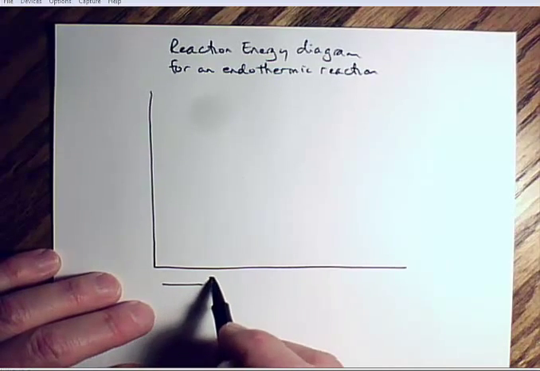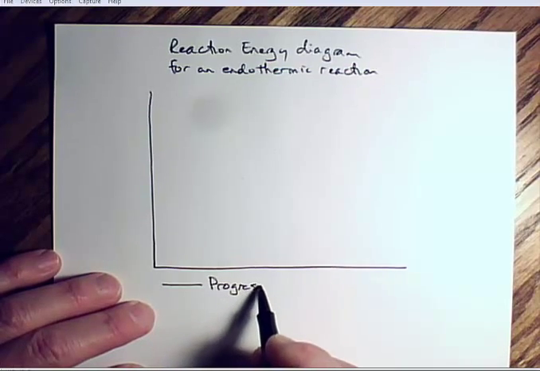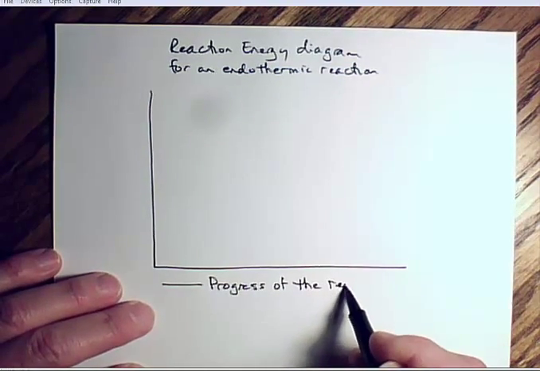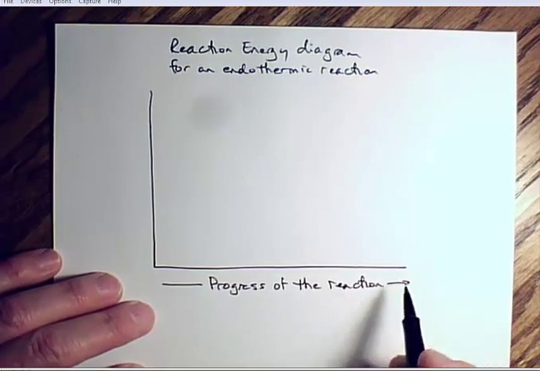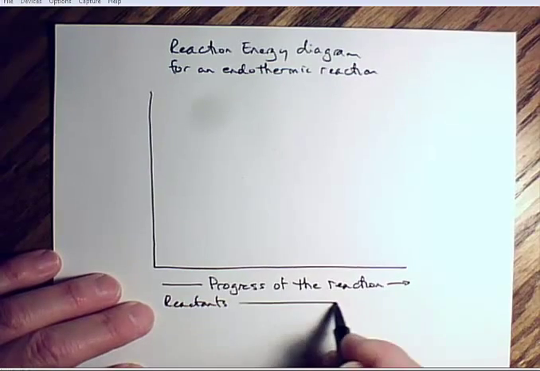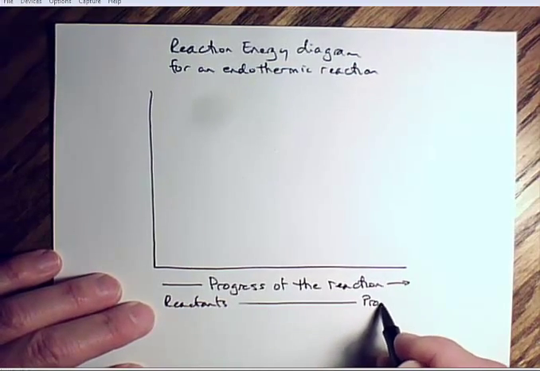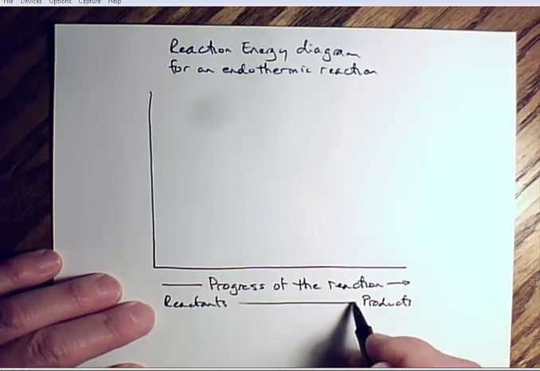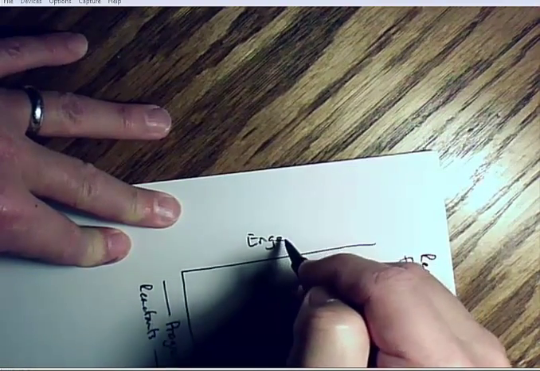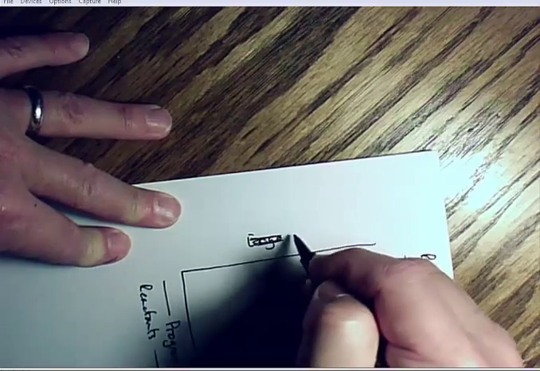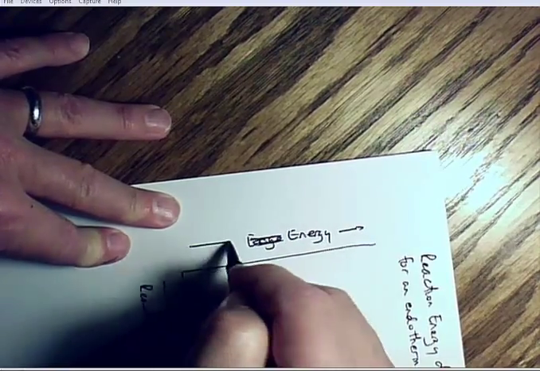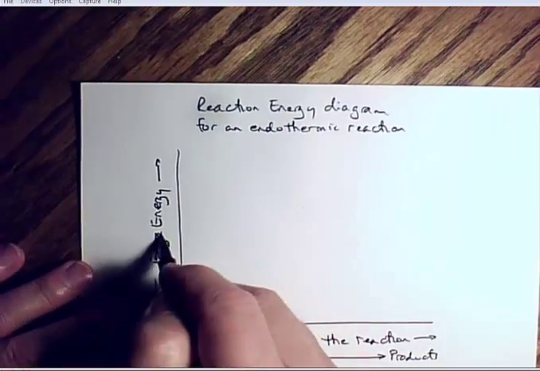Okay, so we got the progress of the reaction again down here. And then we have reactants on this side. We got products over here. And again we got energy as we go on the vertical axis over here.